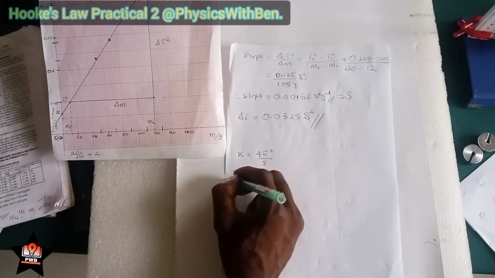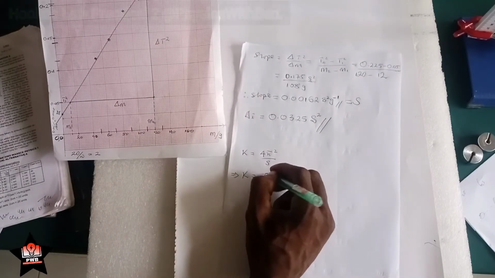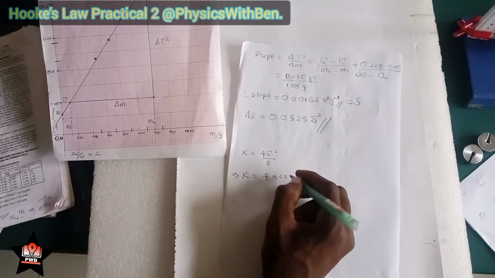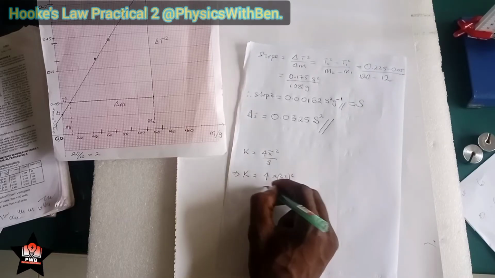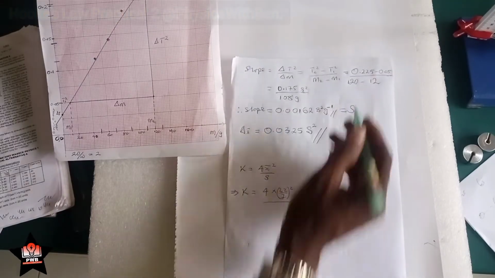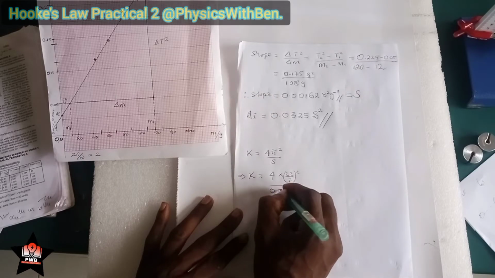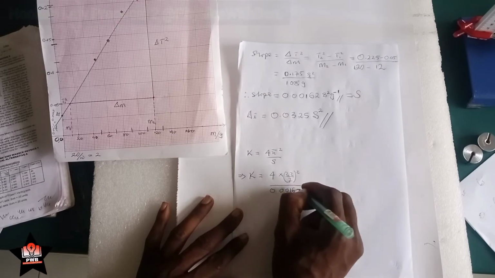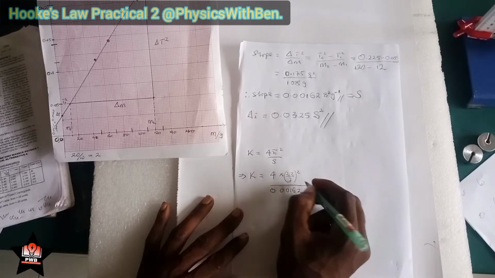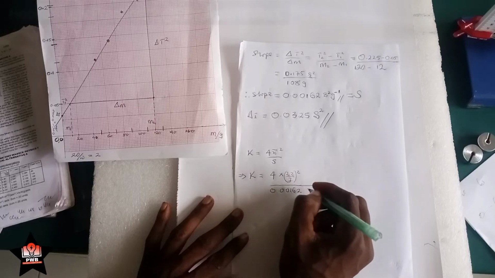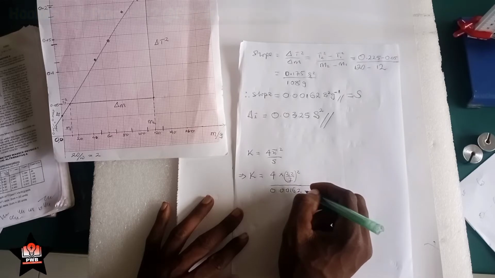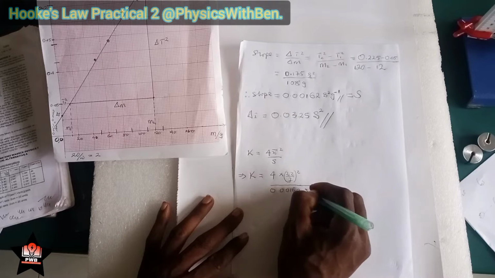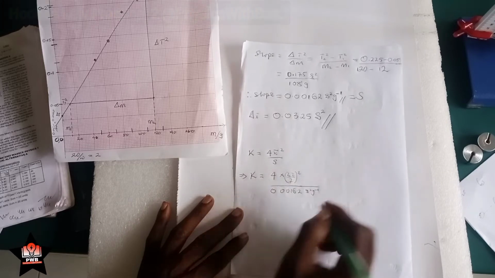So this implies that our K is equal to 4 times (22 all over 7) all square divided by the value for the slope, 0.00162 seconds square that.